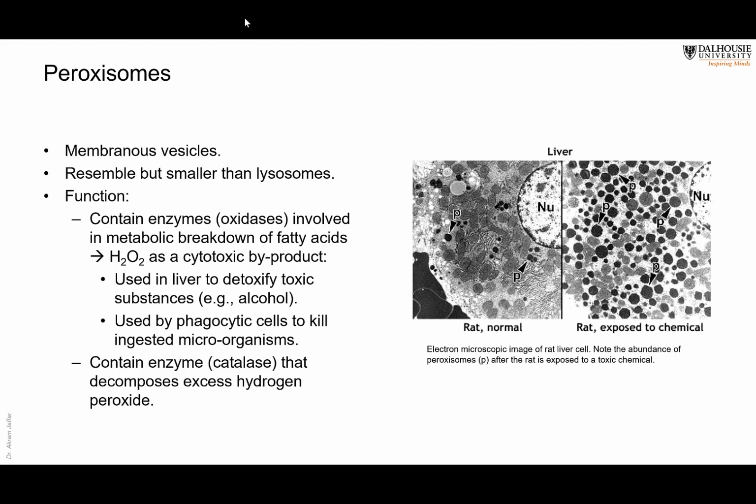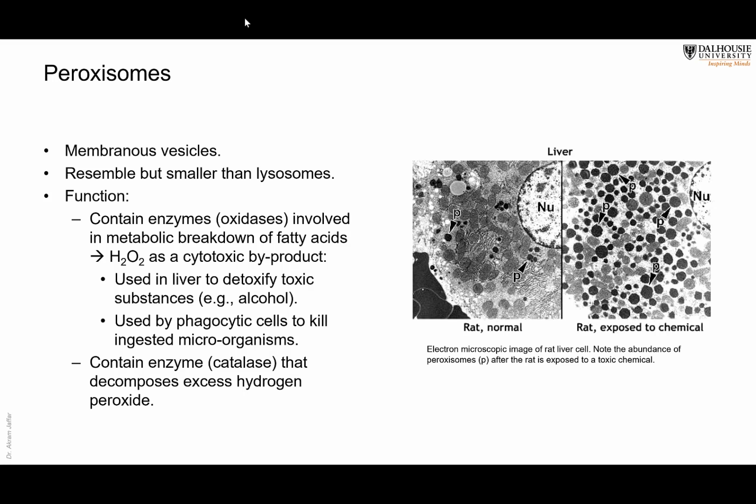That's why they are called peroxisomes, because they result in the formation of hydrogen peroxide. This is a cytotoxic product and is used to detoxify many toxic chemicals, including alcohol. So alcohol is detoxified in these peroxisomes, and also it is detoxified in smooth endoplasmic reticulum as well.